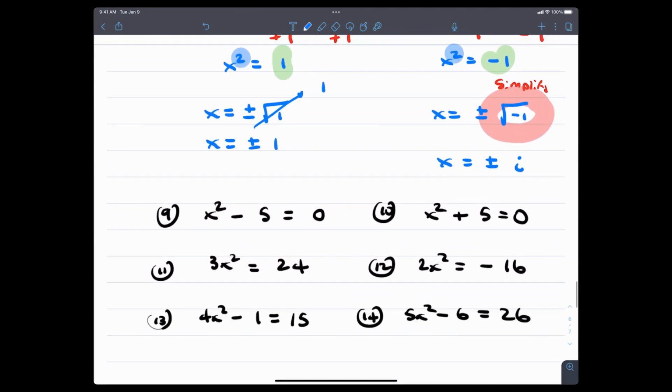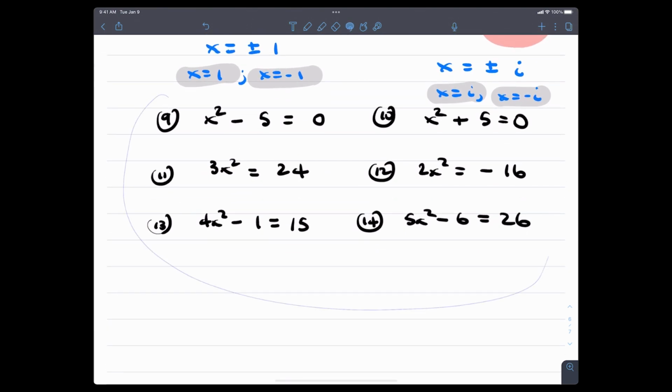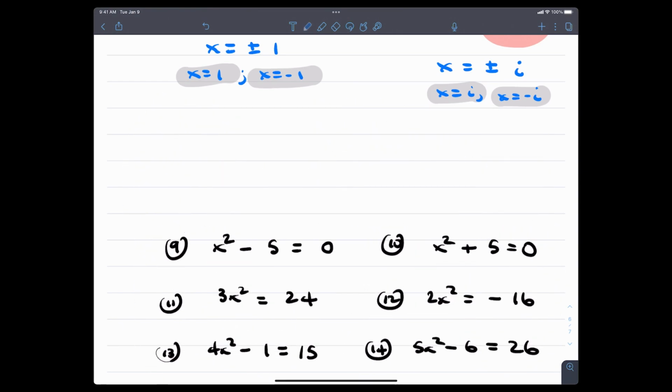So be careful here, ladies and gentlemen. In one case, the answer is plus or minus 1. In the other case, it's plus or minus what? i. There's going to be 2 solutions each. Here's 2 solutions, ladies and gentlemen. What are they? 1, negative 1, and then they're going to be what? i and what?